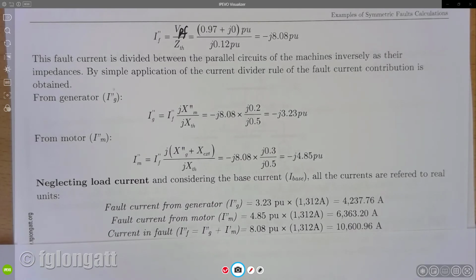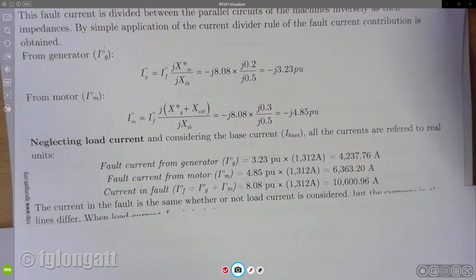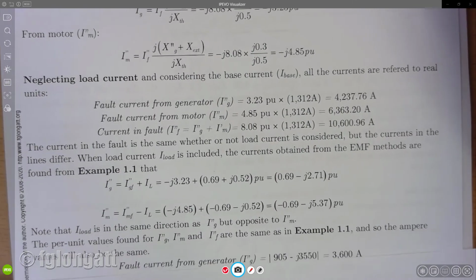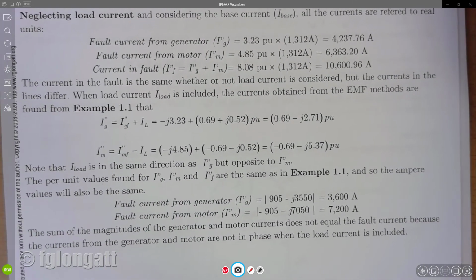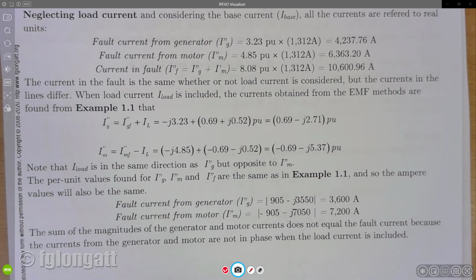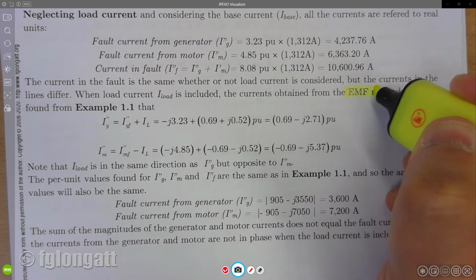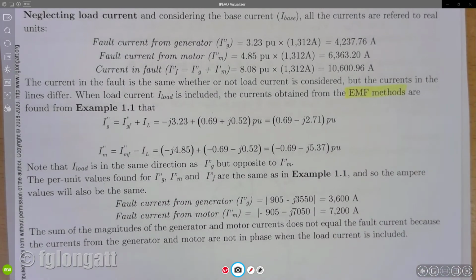However, what I want to do with my students is have a look at the comparison with the results coming from example number 1. If you already saw the results from example 1.1, you must remember that in example 1.1 we used the EMF method, okay?